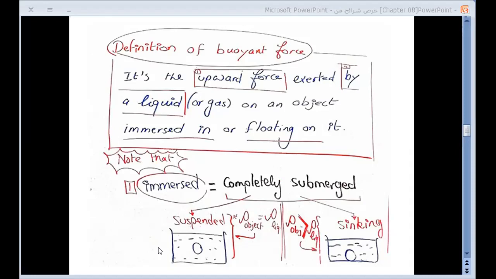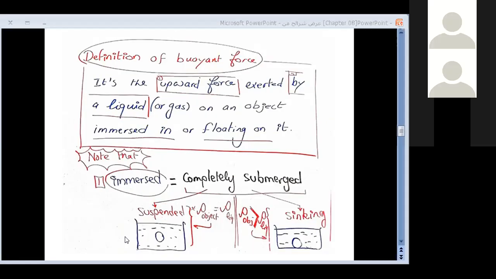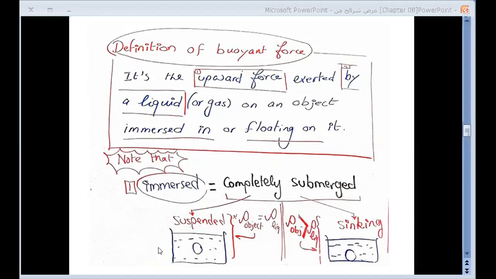I think the teachers of chemistry call some kind of solution a suspension. Why? Because the particles are suspended in this type of solution.